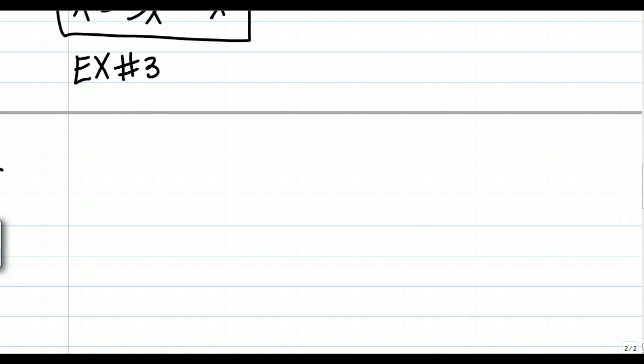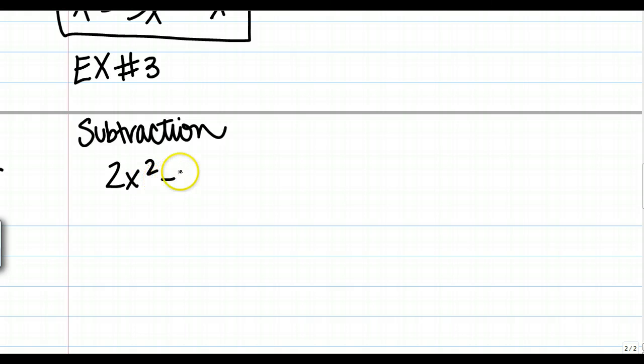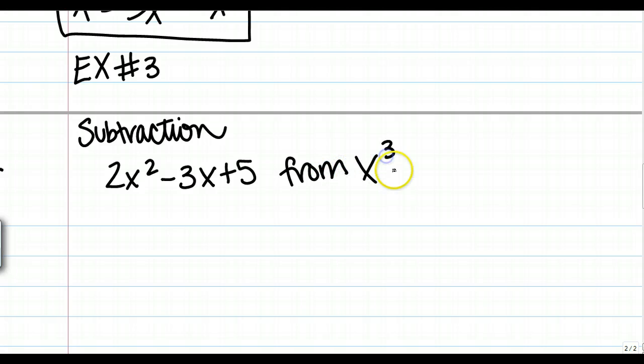Okay, so example number 3 is a subtraction problem. It is going to ask you to subtract 2x squared minus 3x plus 5 from x to the third minus 5x squared plus 2x minus 5.